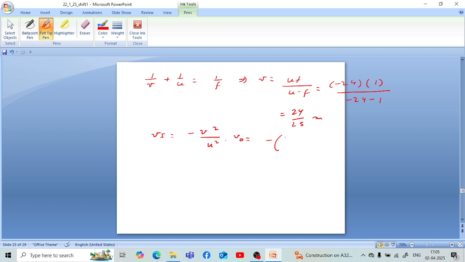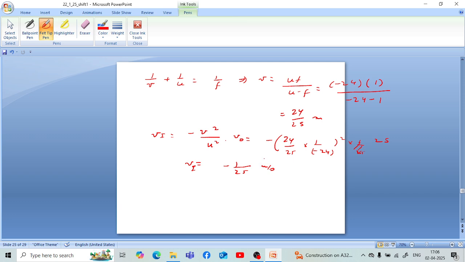So, after putting all the respective values, this comes out to be 24 upon 25 multiplied by 1 upon (minus 24)² multiplied by 25. Here v naught is not 1 upon 25, it is 25. Calculating it, the value of vi comes out to be minus 1 upon 25 meter per second.